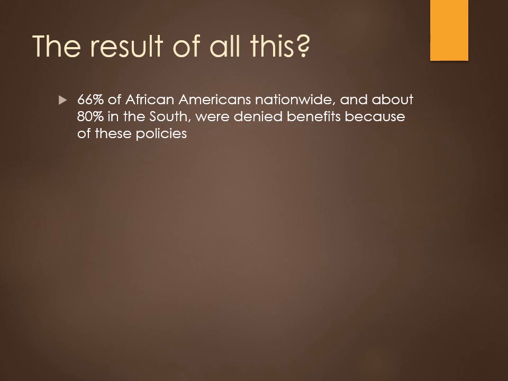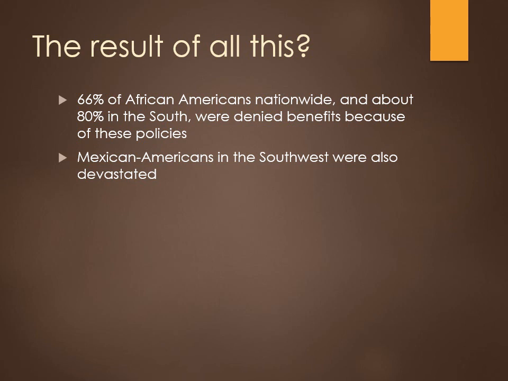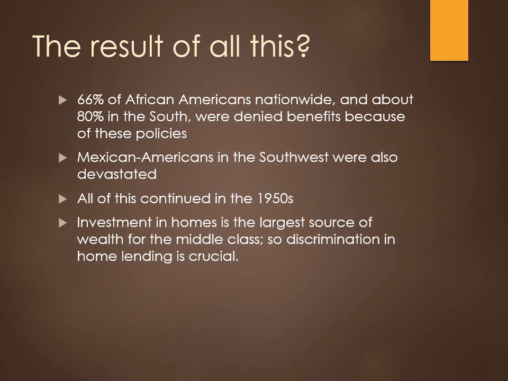The vast majority of African Americans were denied at least one or more of these benefits because of these New Deal policies. Now, I should add that Mexican Americans in the Southwest were also devastated by these policies. And all of this continued well into the 1950s. And the answer to this was ultimately the civil rights movement of the 1950s and 60s.